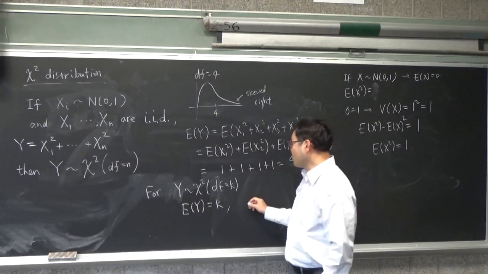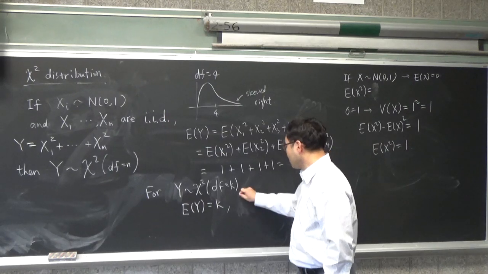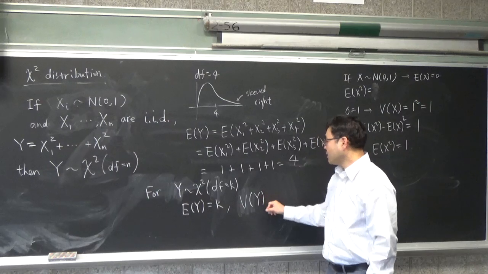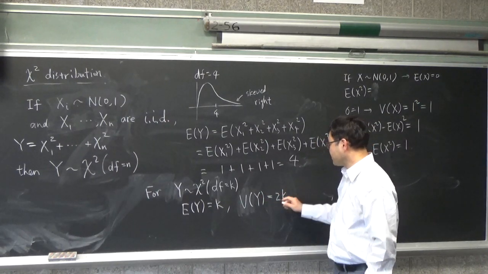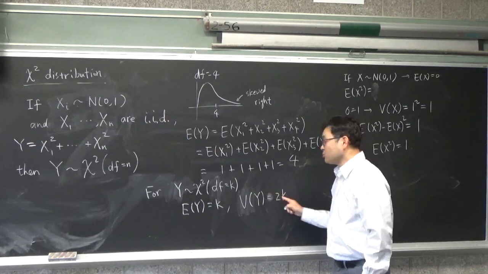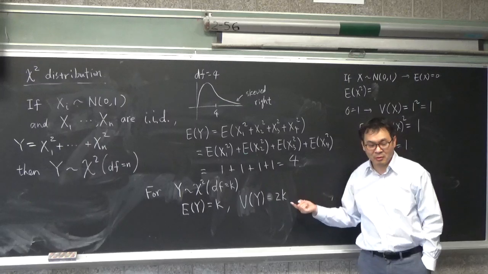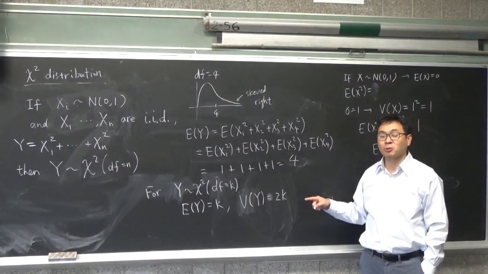And also, if you wanted to know the variance of y, that takes a bit more effort, but this will come out to be 2k. To get this result, a long time ago, I said I'm not going to test you on it, but there's something called skewedness and kurtosis.